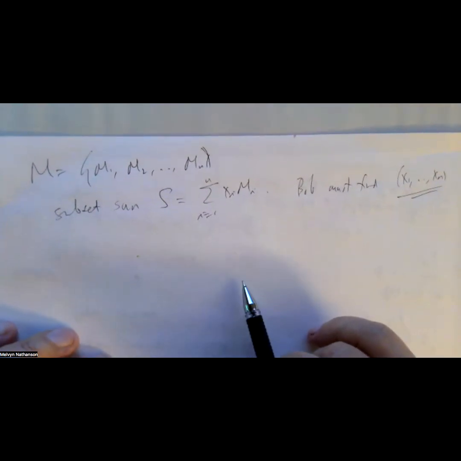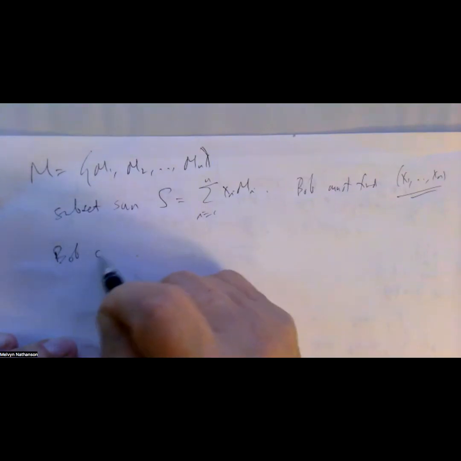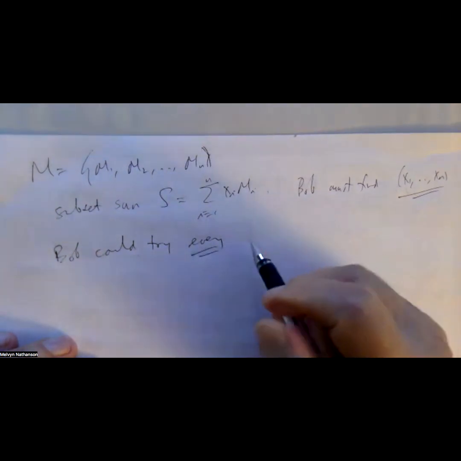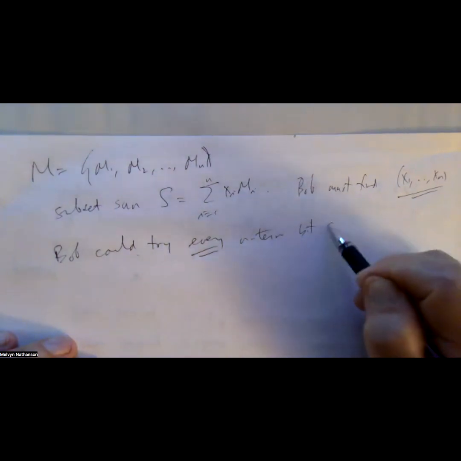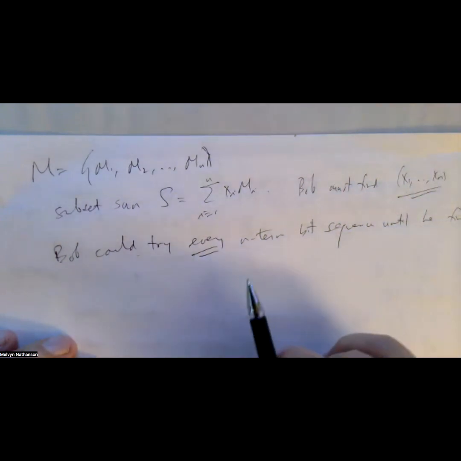So if he doesn't know what to do, Bob could try every n-term bit sequence until he finds the bit sequence that gives the number S, right? So how many trials does he have to make?